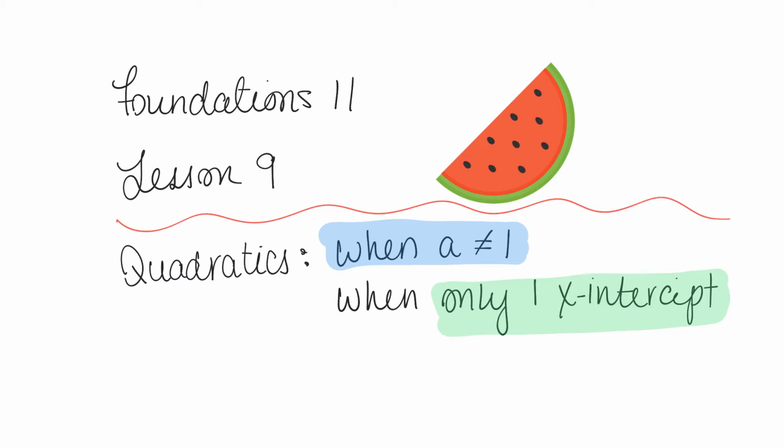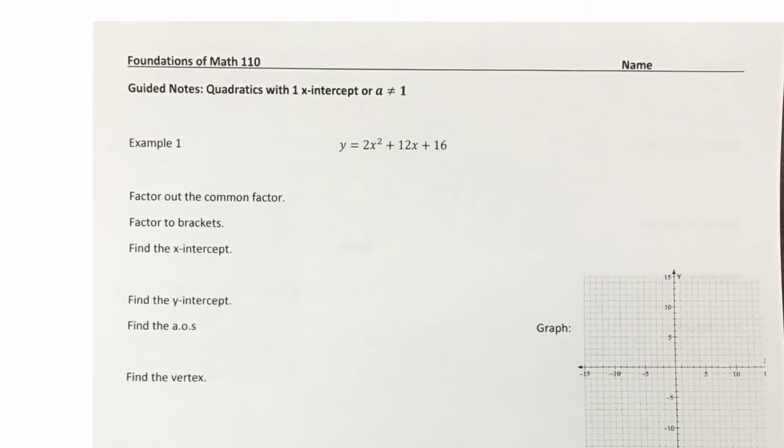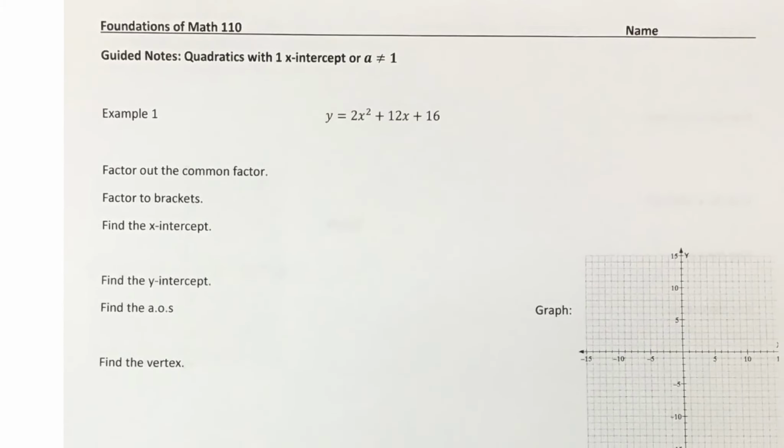You should have in front of you some notes that look like this. Okay, so we're going to start with what happens when a is not 1. Remember, standard form of a quadratic is ax squared plus bx plus c.